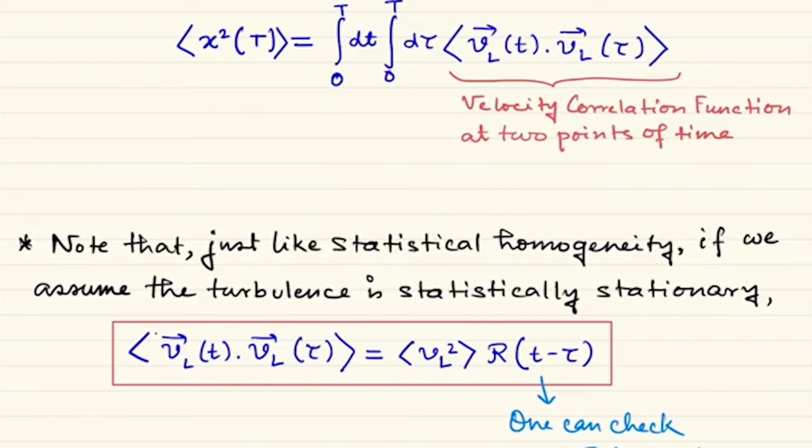One can check that when t is equal to tau, this will be R(0), and this will be v(tau) square or v(t) square, and this will also be v(tau) square or v(t) square averaged, and these two averages will cancel each other to make R(0) equal to 1.